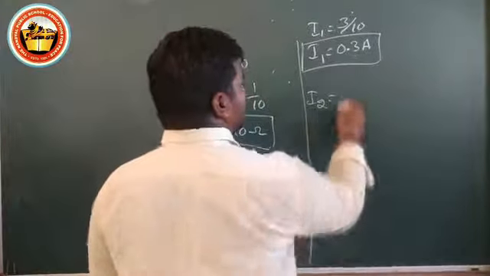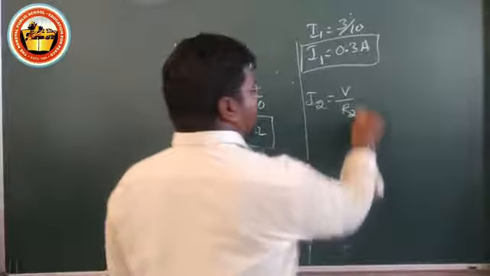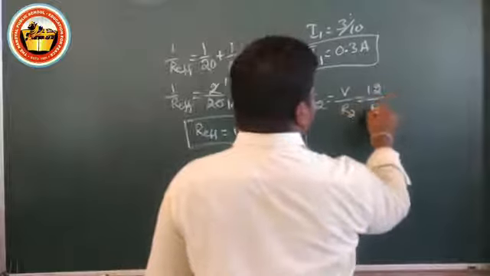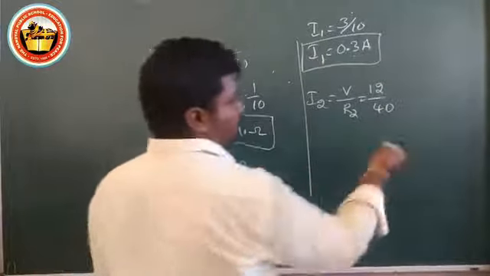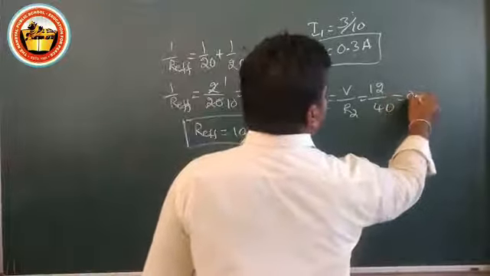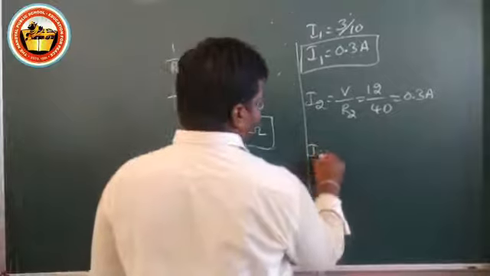Next, I2. I2 is equal to V by R2, which is 12 divided by 40. Same as the previous, you can write 0.3 amperes. Next, I3.